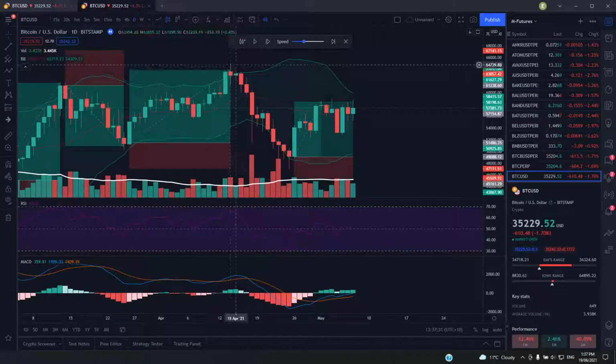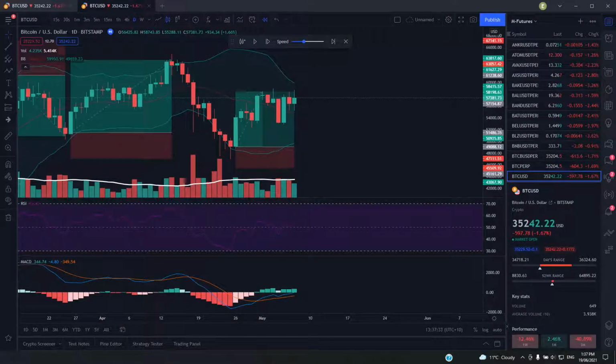Now we have another that brings us down to another short entry. Okay, short when there is a bearish spinning top on resistance and a break out of Bollinger Bands.